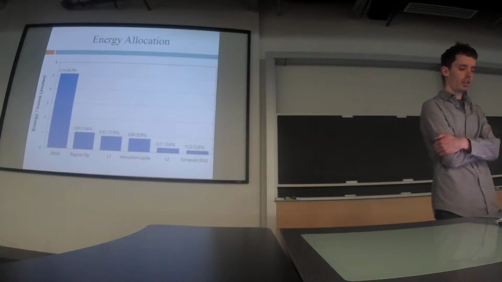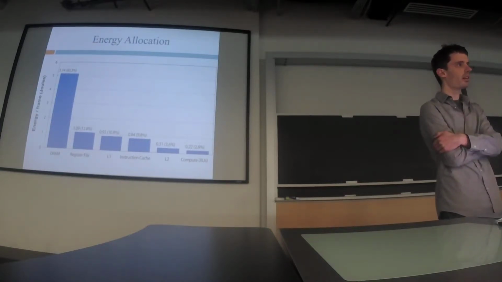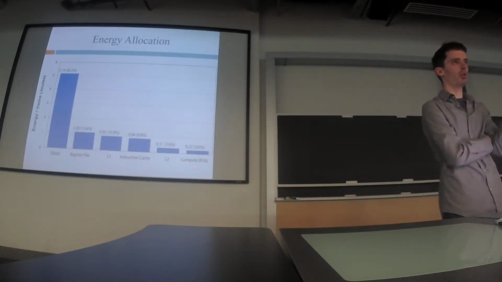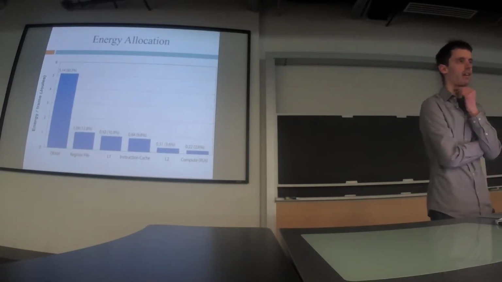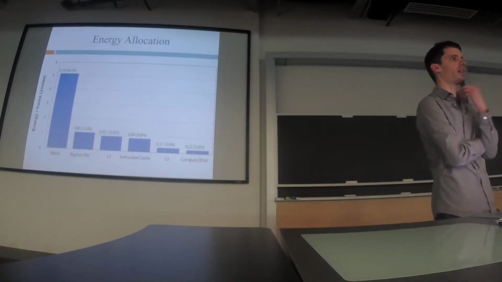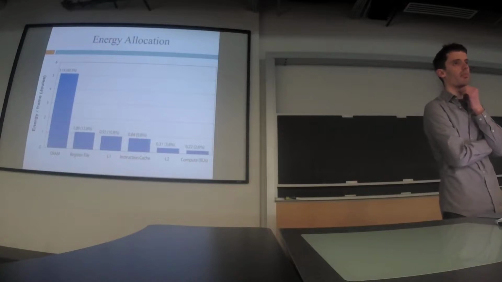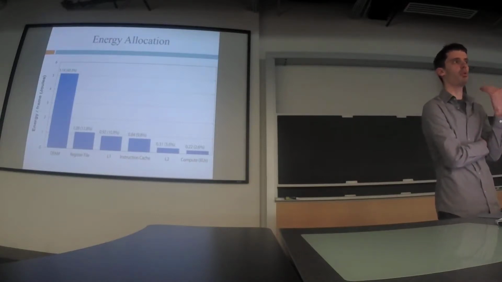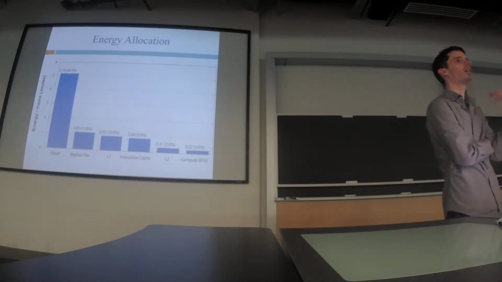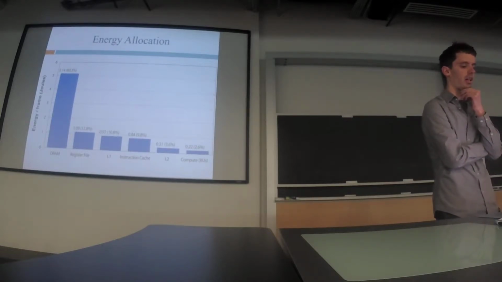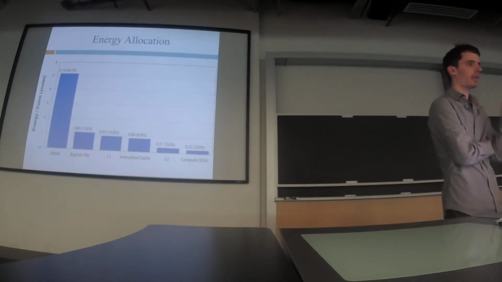So look at over on the very far right, 2.6% of the energy spent in some program was for actual computation, things like multiplies and adds. Everything else, accessing the L2 and moving data from the L2 to the L1, accessing the L1, DRAM, everything like that, is taking up the rest of the energy.